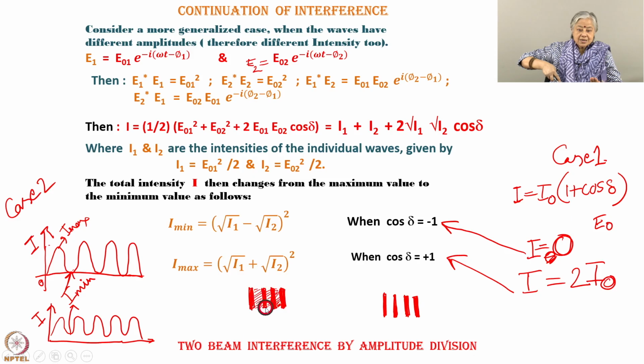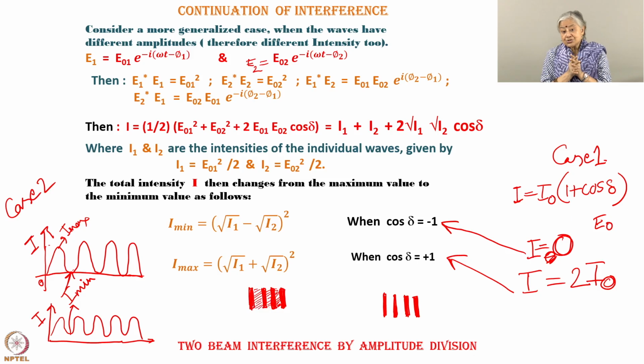So obviously this fringe pattern is not as sharp or as well defined as this, because at the minimum part also, it is not 0. Some sort of merger of this into this can happen. So this is more well defined and this is not that well defined, this is sharper and this is not so sharp.